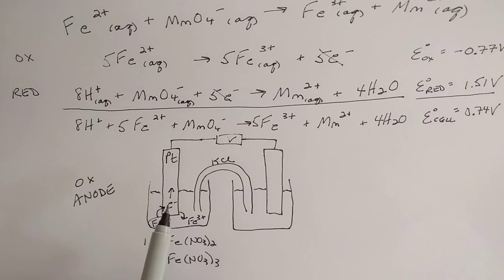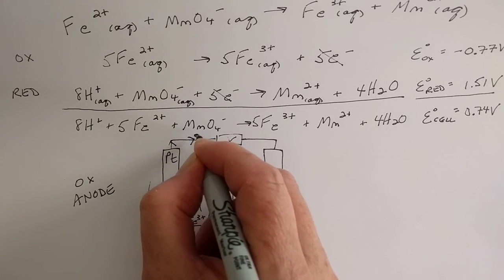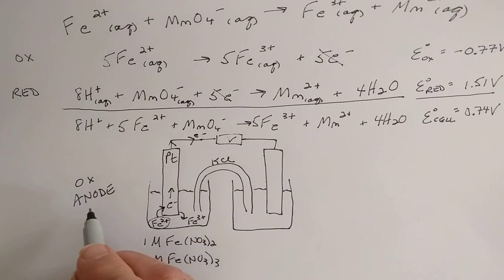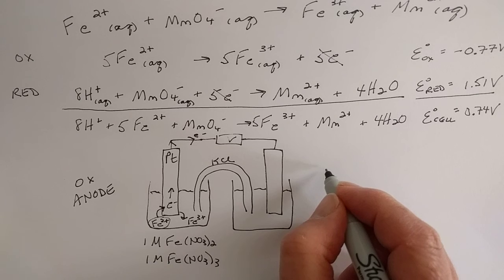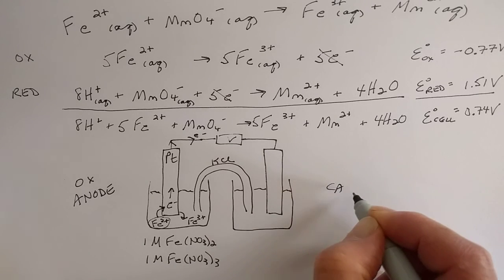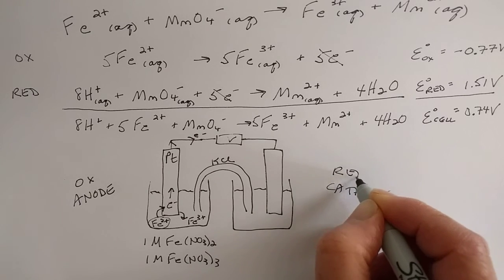So the platinum provides a surface for the electron transfer. So the electron comes out, goes through our wire from the anode, where oxidation takes place, to the cathode, where our reduction takes place.